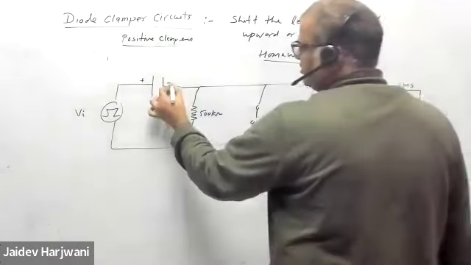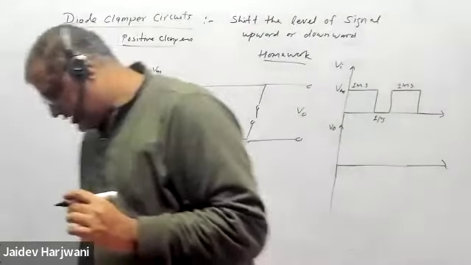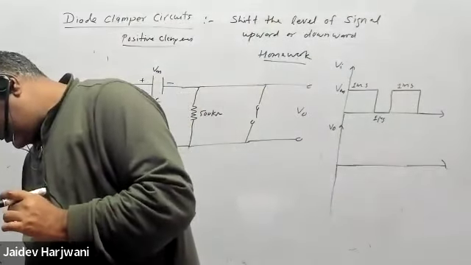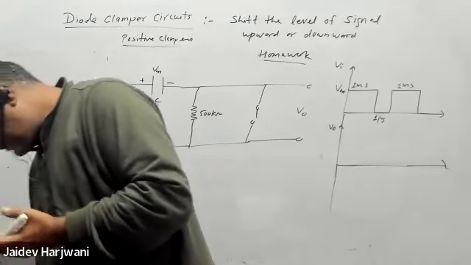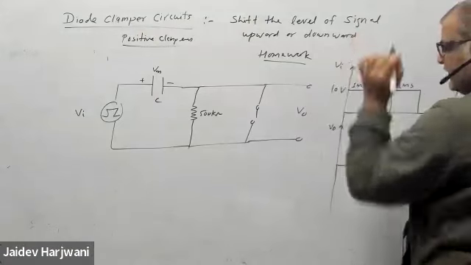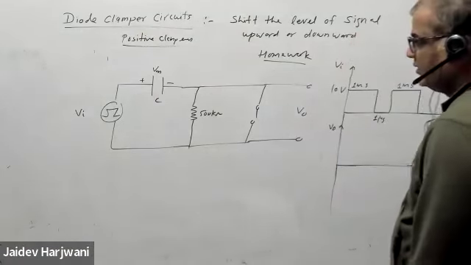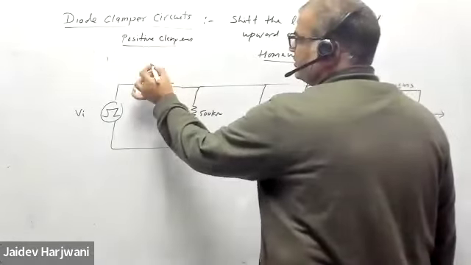So it will go up to VM. Value is given what? 10. Value is given 10 volt. 10 volt or negative, whatever is given, value is 10. 10 volt pulse. So it will charge up to 10 volt.